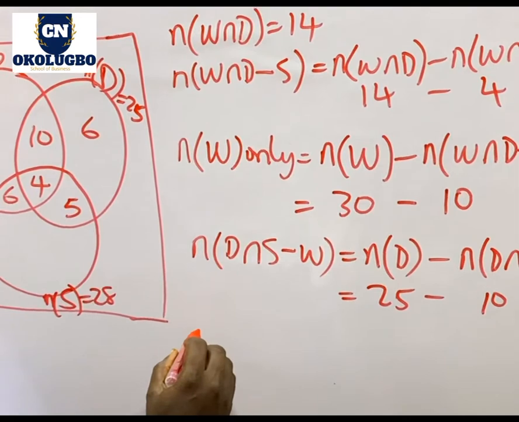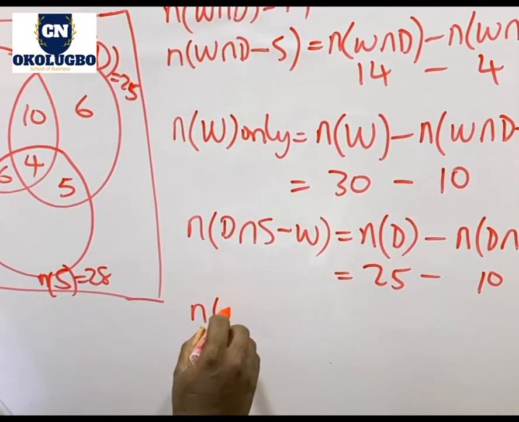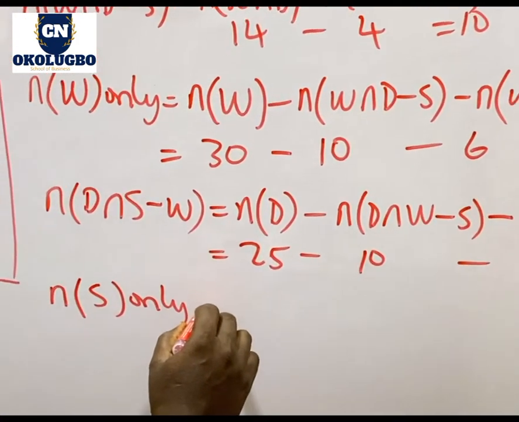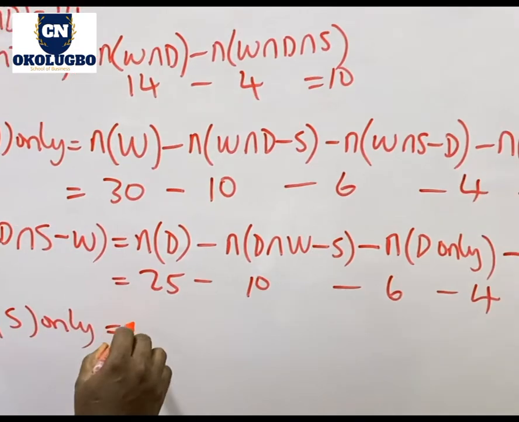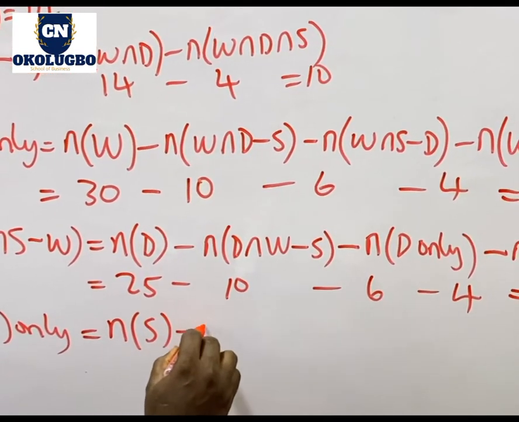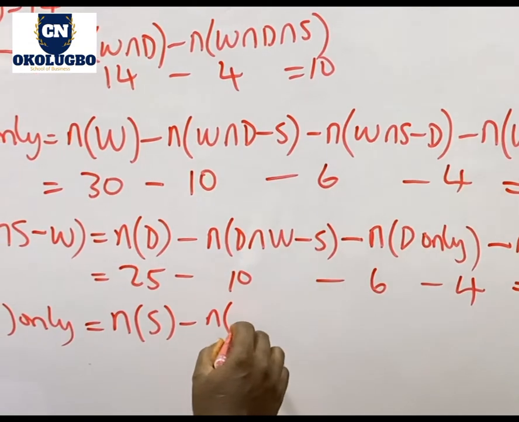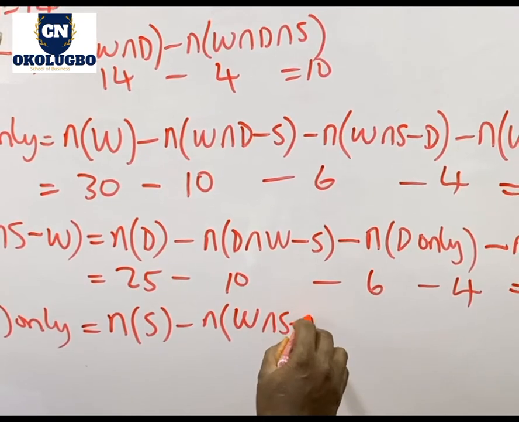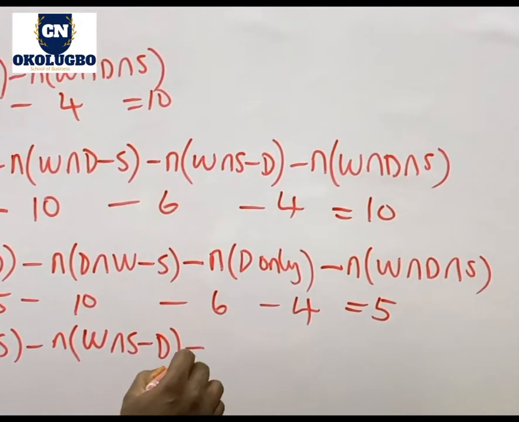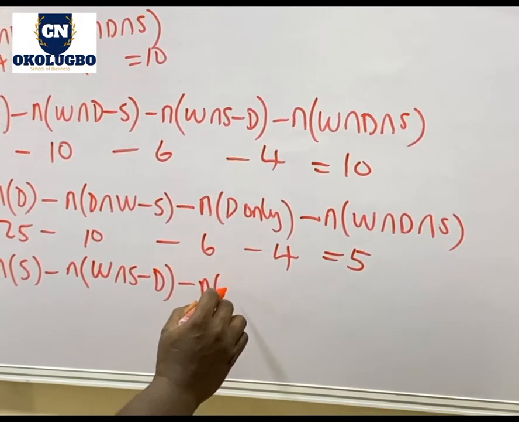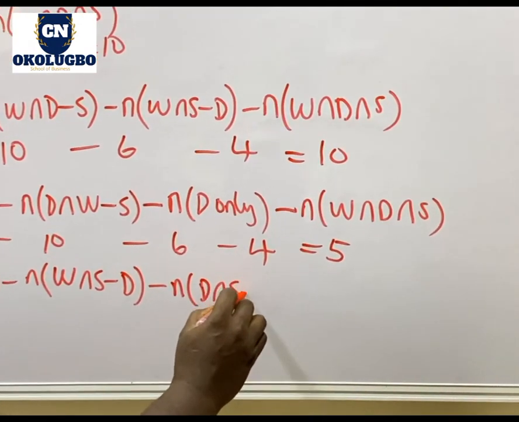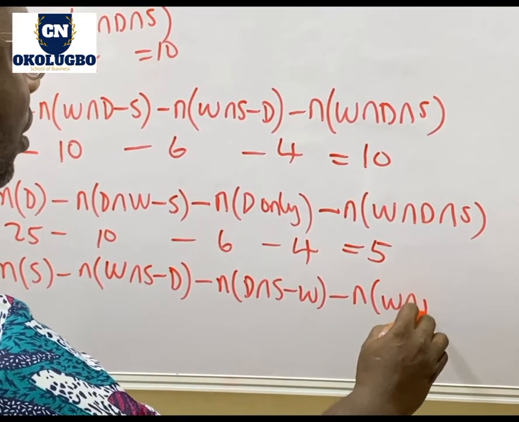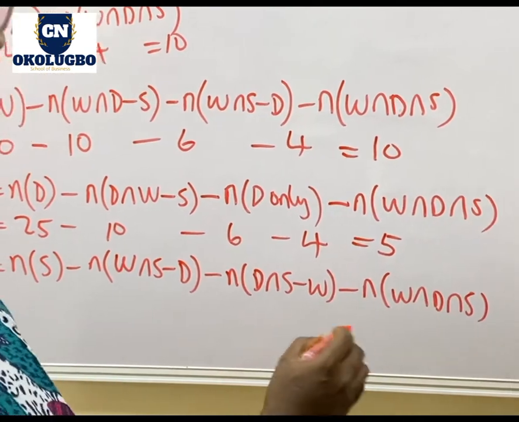Spreadsheet only will be equal to the number of spreadsheets minus the number of Word and spreadsheet minus database, minus the number of database intersection spreadsheet minus Word, minus the number of Word intersection database intersection spreadsheet, and that's what we have.